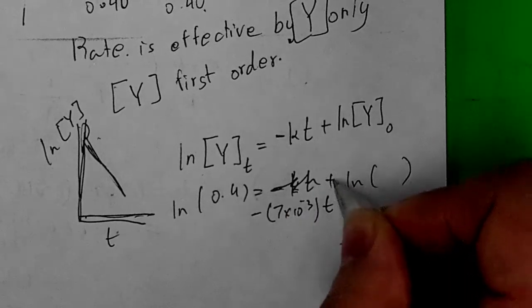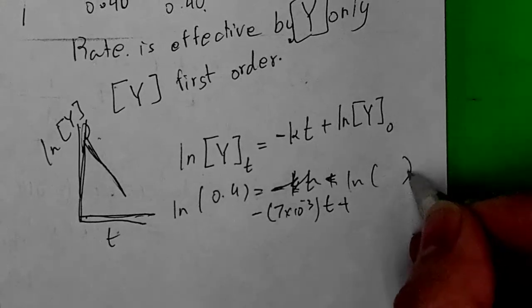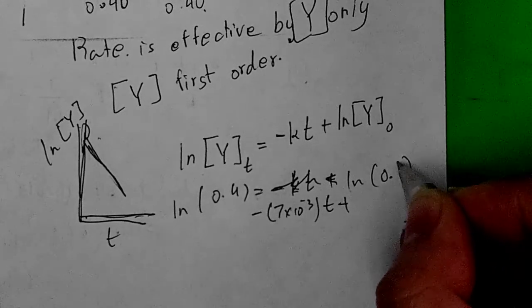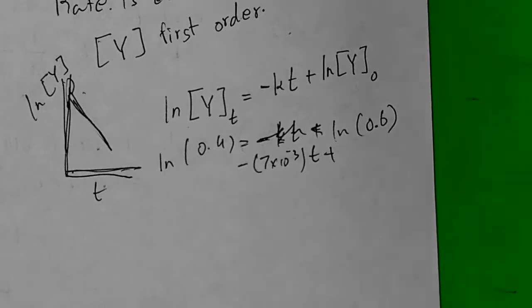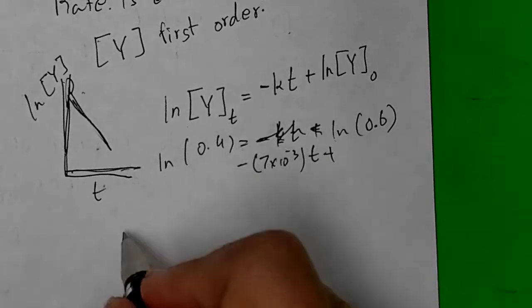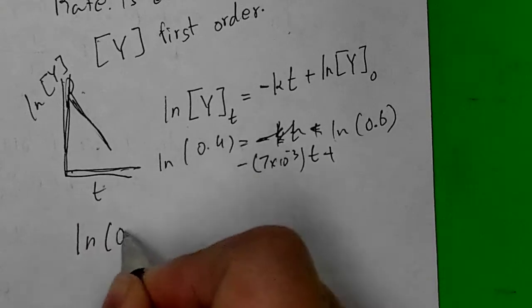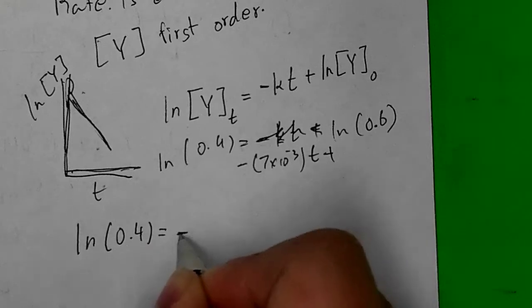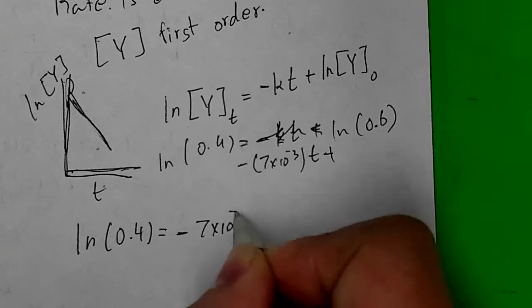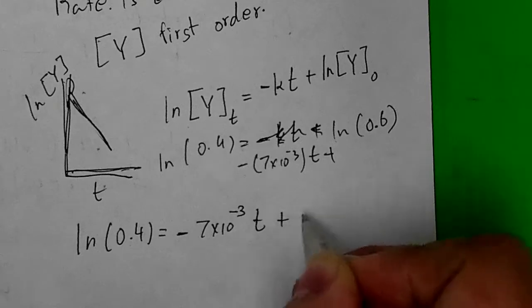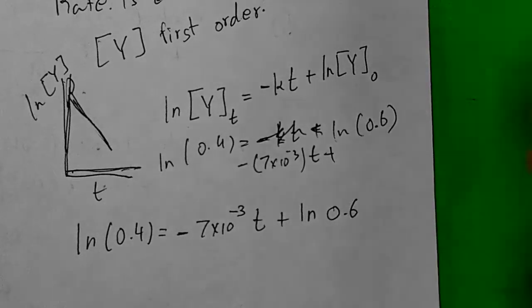I know my sentence is really bad, let me just rewrite it for you guys. ln of 0.4 is equal to negative 7 times 10 to the negative 3 t plus ln of 0.6.